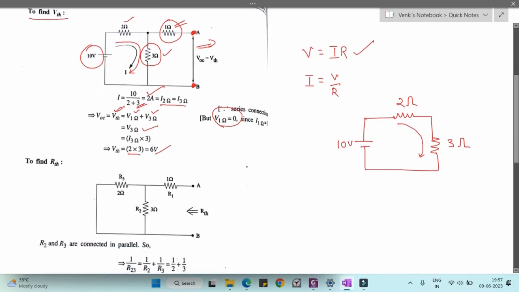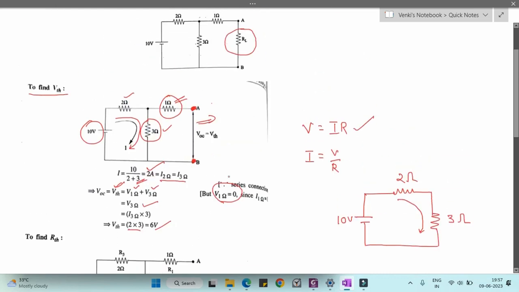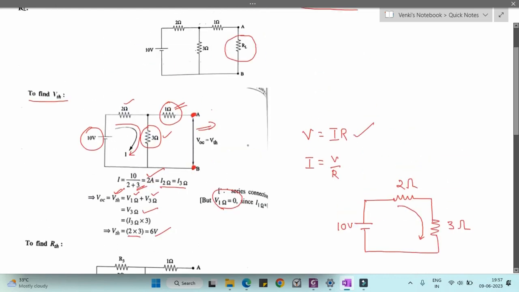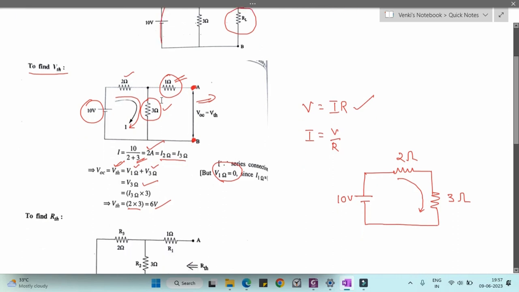Next we need to calculate the R Thevenin. When calculating the R Thevenin, what condition do we need to follow? We need to replace the voltage or current sources with their equivalent resistance. Here only one voltage source is available, so we replace that voltage source with a short circuit. Then the circuit will look like this.